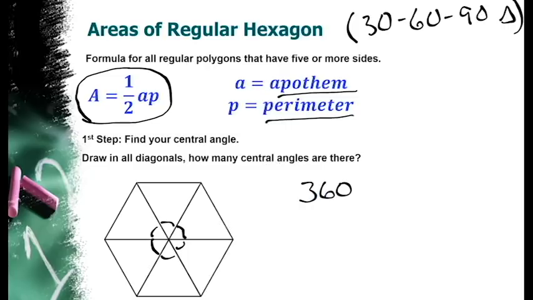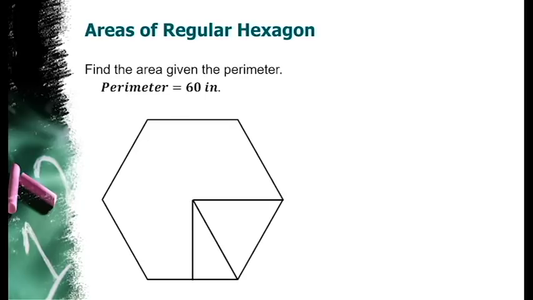So what we would do is we would take 360 degrees, all the central angles together, divide them evenly by the 6 because we have 6 central angles. That tells us that each of those central angles is 60 degrees. That comes in very important here as we start to find the area of a regular hexagon.